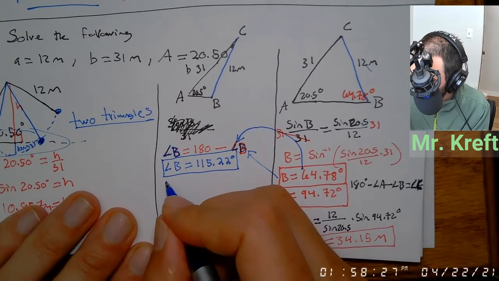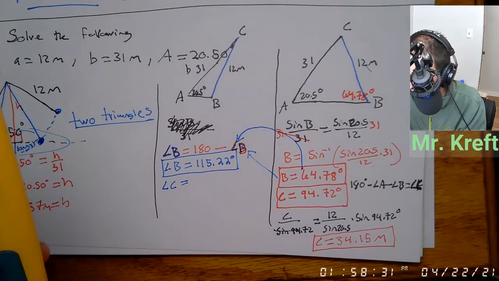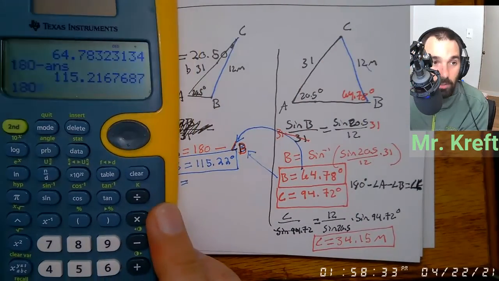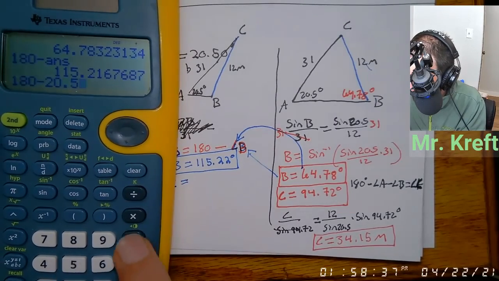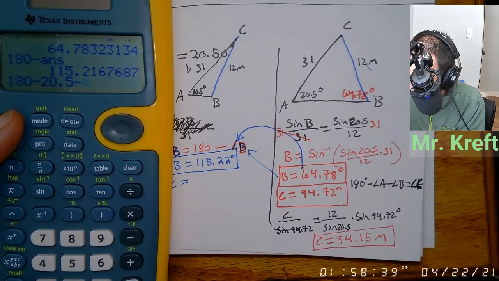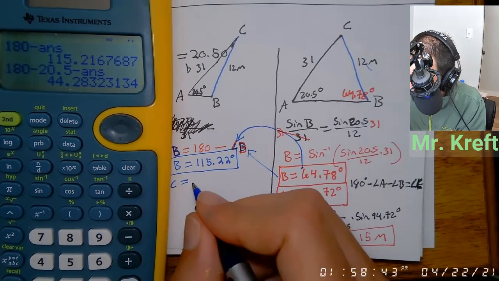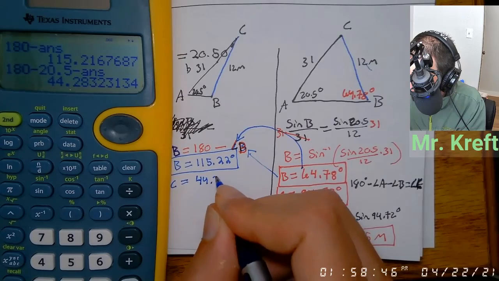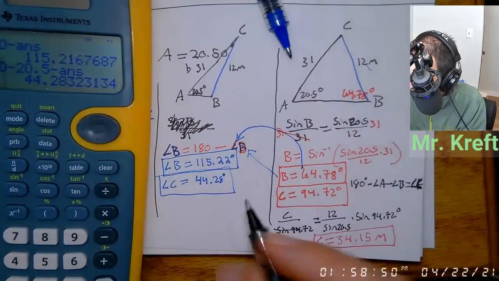So then to find the other ones, right? Angle C, that's going to be 180 minus angle A minus my answer for this one. So that's going to be 44.28 degrees. So again, how did I do that?